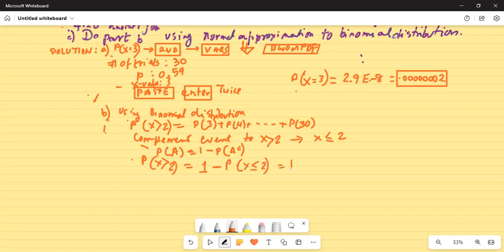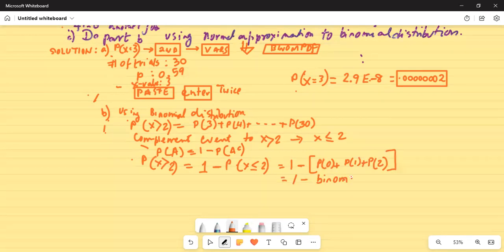That is equal to 1 minus in parenthesis P0 plus P1 plus P2. Now, when we are adding from 0 up to a certain number, there's a function in the TI-84 which is binom CDF. C stands for cumulative distribution function. That means we are adding from 0 up to a certain number. X is that last number.